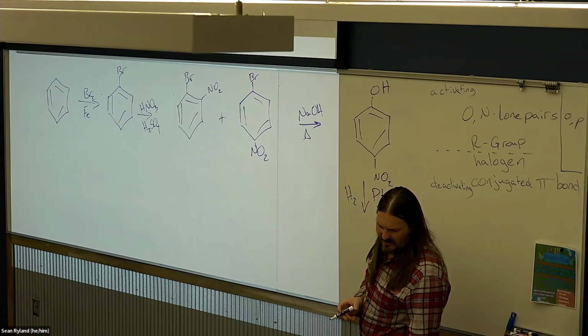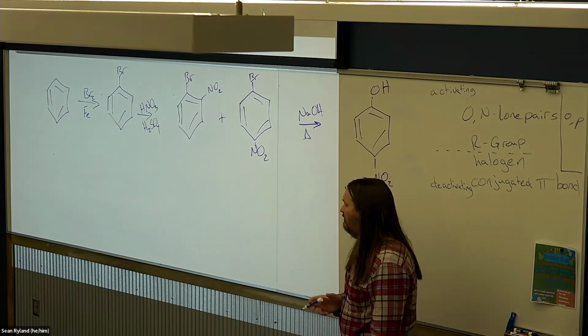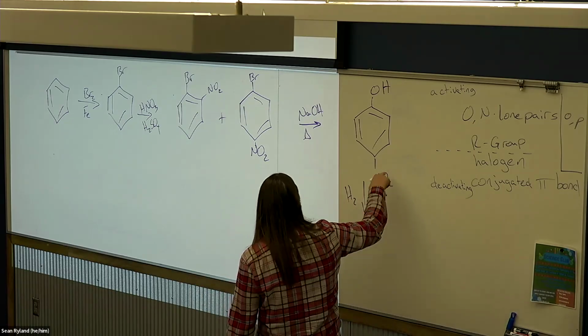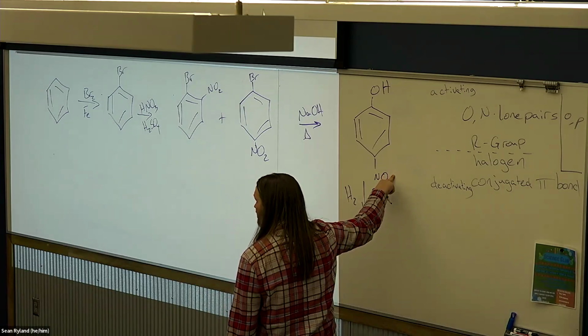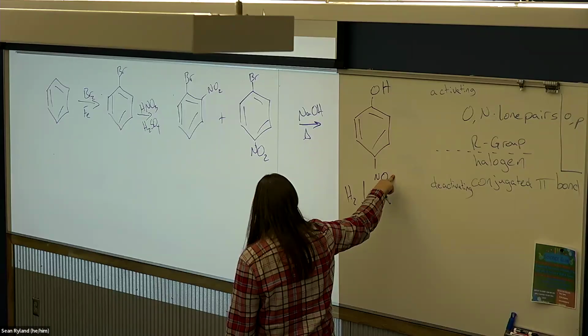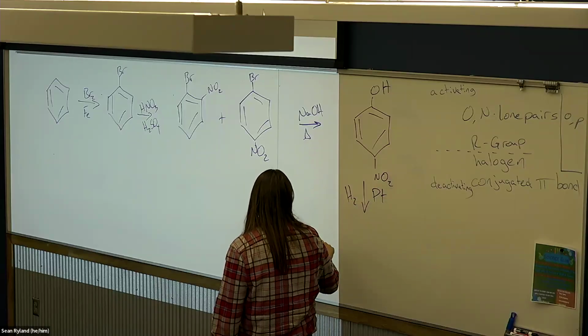My notes say palladium or nickel also work. But either way, you can reduce a nitro group to an amine group, to an NH2, by just adding hydrogen gas to it with the catalyst.